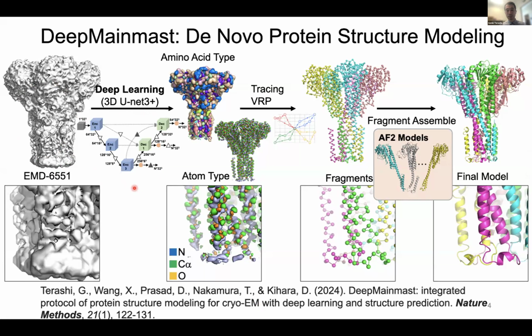It then uses a big routing problem solver, connecting these predicted C-alpha positions. It also assigns the amino acid sequence, then builds the entire full-atom complex structure. If you have an AlphaFold 2 or 3 model, or a related PDB structure, you can input the structure information as additional input data. Then you can get the final 3D structure. This is DeepMainMast.